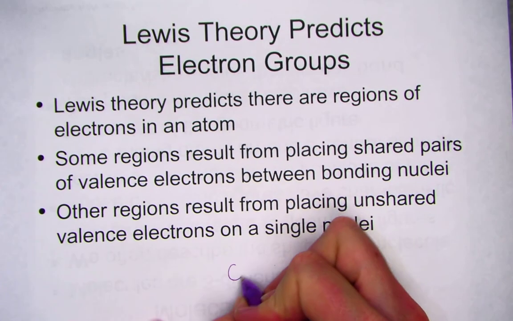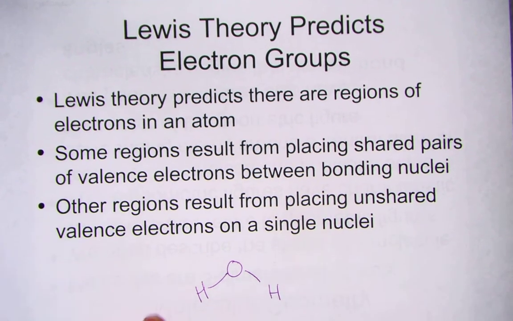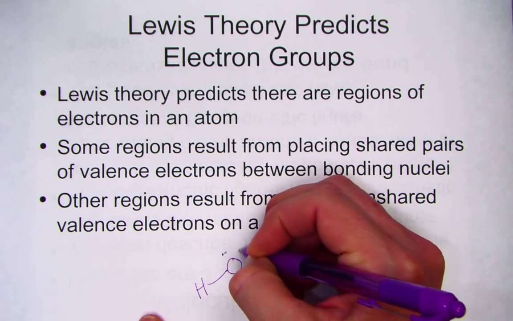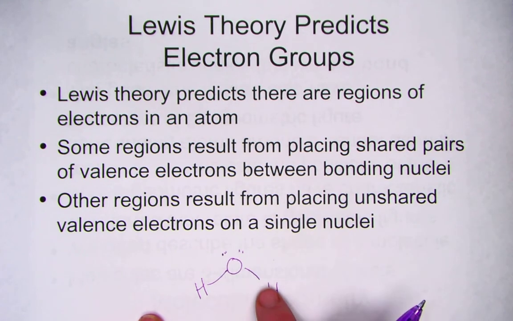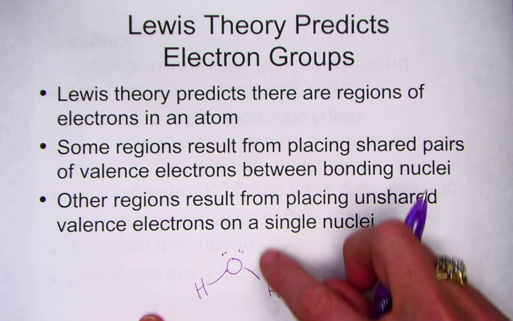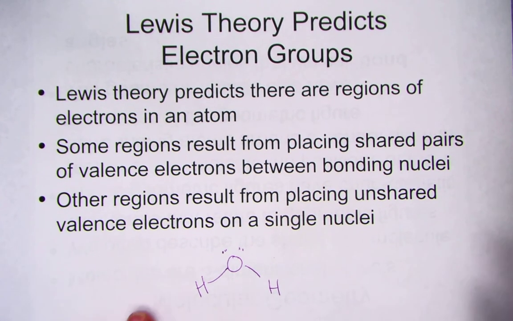Just to illustrate, if we think about a water molecule, oxygen being the central atom, we know that there are two unbonded pairs of electrons as well as two bonded pairs of electrons. So this shows a non-symmetrical shape to a water molecule. Two bonded pairs and two non-bonded pairs create the shape of the overall molecule.